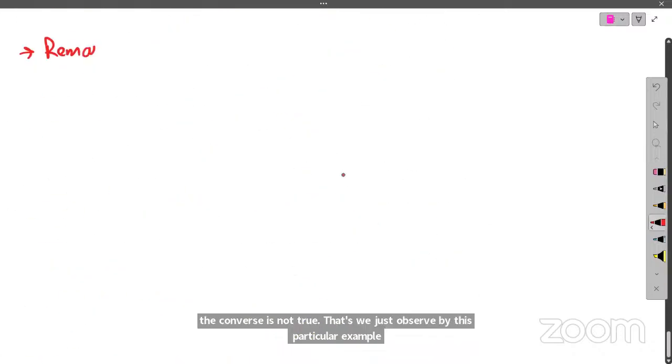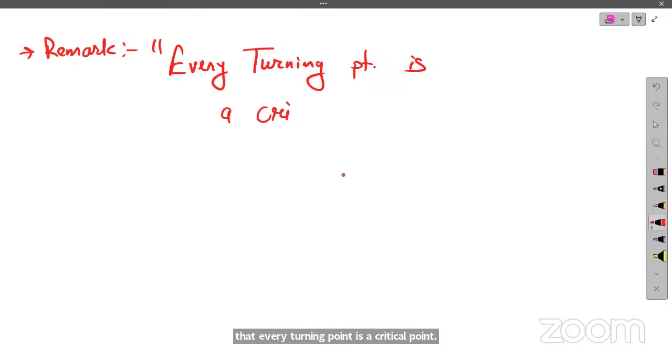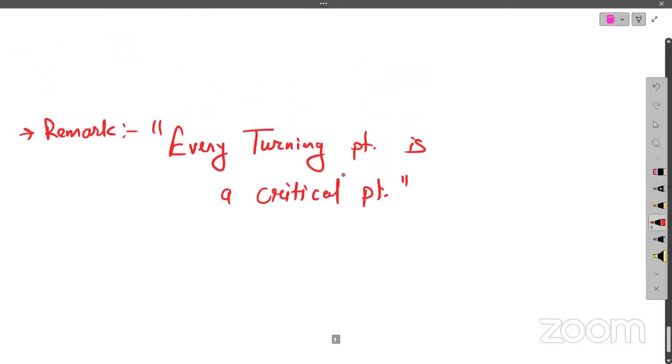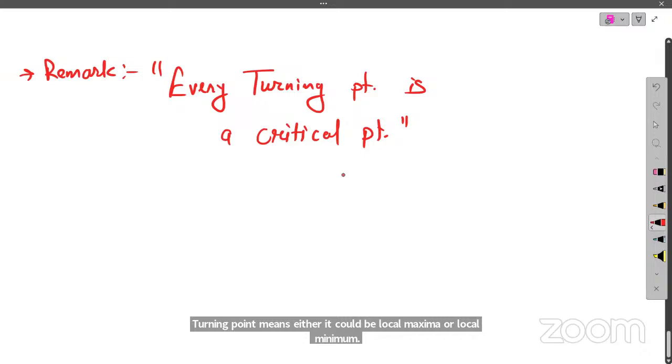So this is the remark: every turning point is a critical point, but the converse is not true, because a saddle point can never be a turning point. Turning point means either local maxima or local minimum, but in the definition we are saying that it is neither of them.